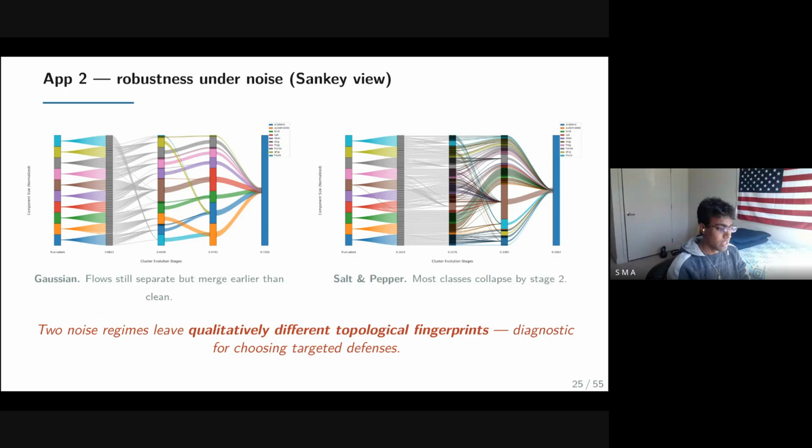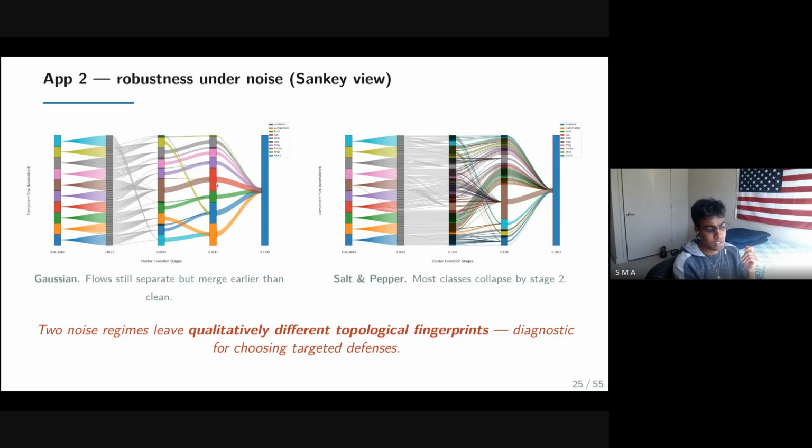And here we have the Sankey view of the same thing. With Gaussian noise, the flows are still separate, but the latent space is kind of compressed, because you can see that the numbers in the filtration process are really tiny compared to the raw data points. But they're still separate.